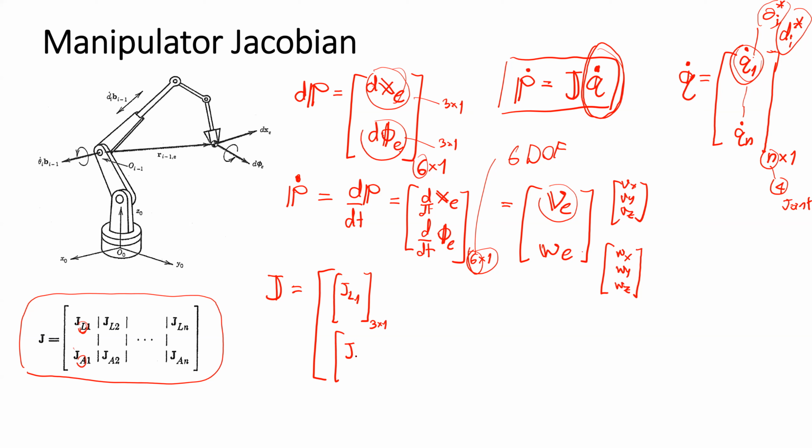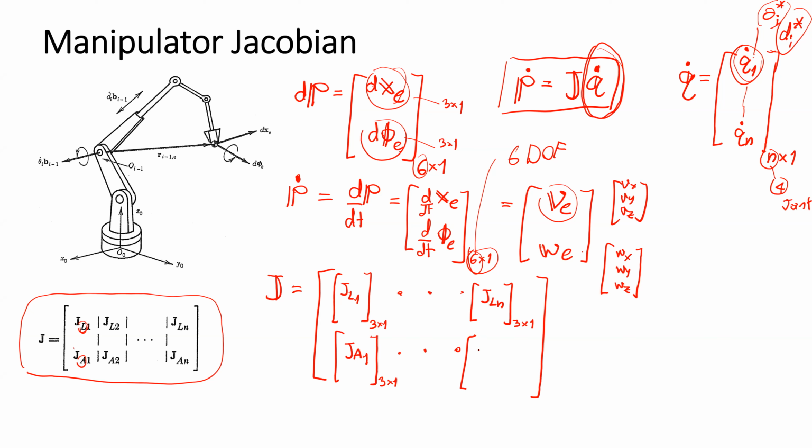For the orientation, we also have a 3 by 1 vector that describes the orientation. But how many vectors are in the Jacobian? For the linear part, we need to create the Jacobian vectors that correspond to the n joints of the robot, and all vectors have the same dimension.